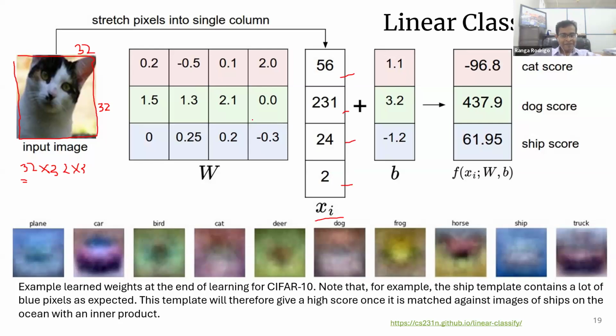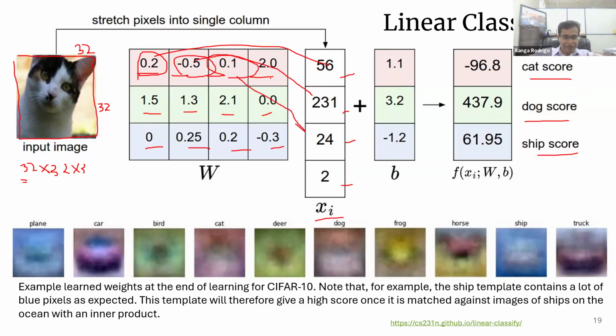Each of these four numbers will be multiplied by these weights corresponding to the cat score, and these corresponding to the dog score, and these corresponding to the ship score. So 0.2 multiplies 56, minus 0.5 multiplies 231, 0.1 multiplies 24, and 2 multiplies 2.